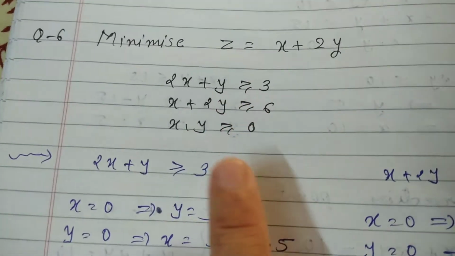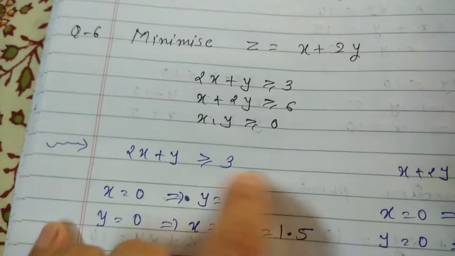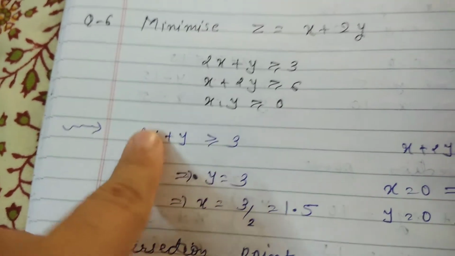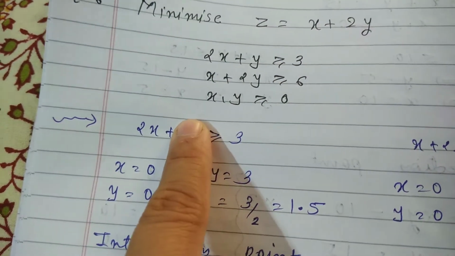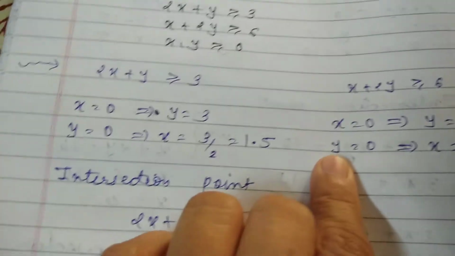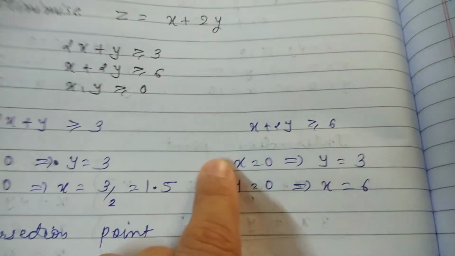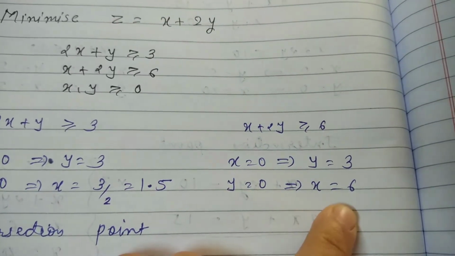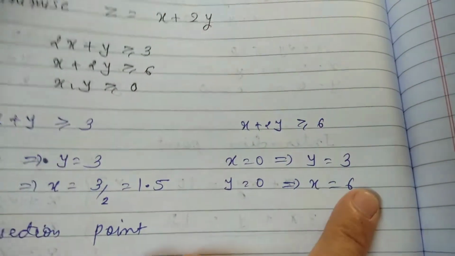Again the same procedure. For 2x + y ≥ 3, take the line 2x + y = 3, and we will find two solutions: x = 0, y = 3, then y = 0, x = 1.5. For x + 2y ≥ 6: x = 0, y = 3, and y = 0, then x = 6.